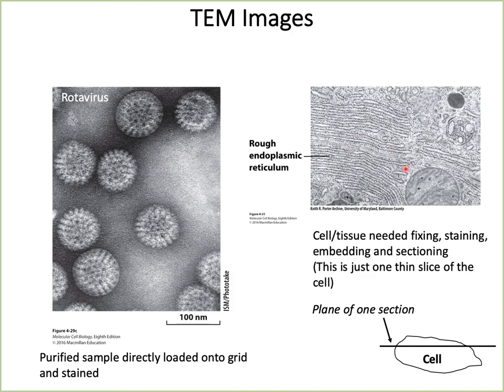Right here, this needs sectioning. This doesn't need sectioning. And what you are observing, if this is a typical cell, is only the sample at just one section of the whole cell. So this is the plane of the section. Make sure that you understand this clearly: when you are looking at an electron micrograph of a cell, it is just one plane section of the cell.